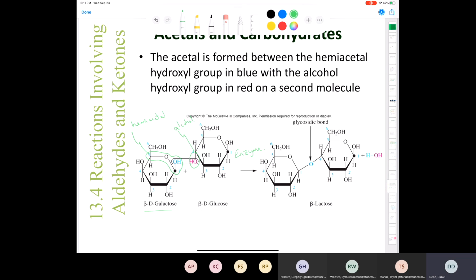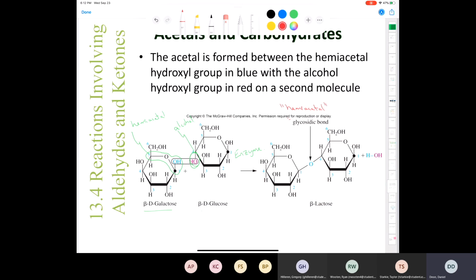So you take those two sugars, the hemiacetal from the galactose reacts with this hydroxyl, this alcohol from the glucose highlighted in pink, and you form what's called a glycosidic bond. Now, a glycosidic bond is a type of acetal. It's just a special class of acetal because it's formed between two sugars.